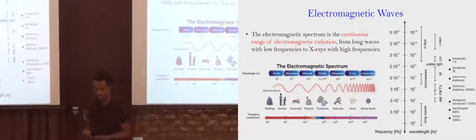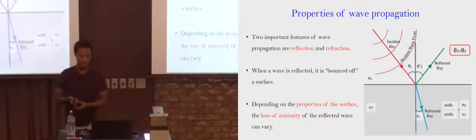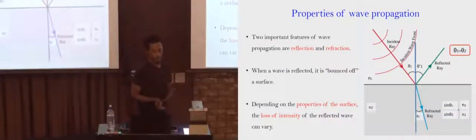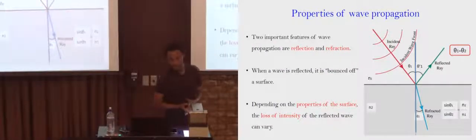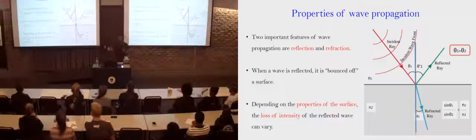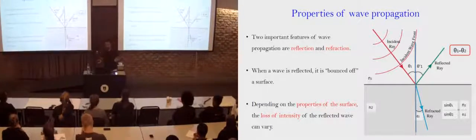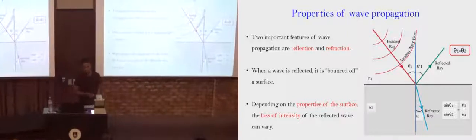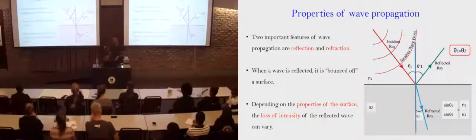So let's see the properties of a wave as it propagates. When a wave propagates from one place to another, if it passes through a medium with a different boundary or a different density, it can be explained in two forms: reflection and refraction.